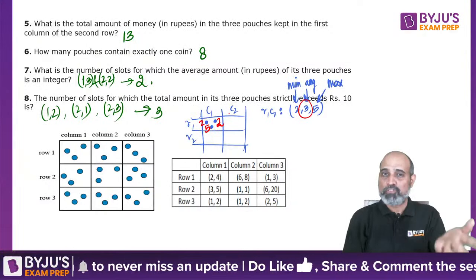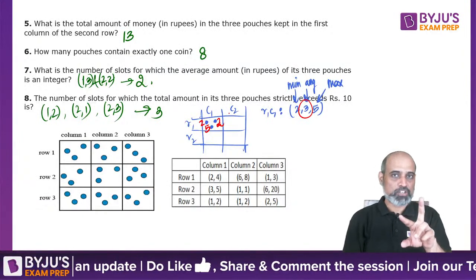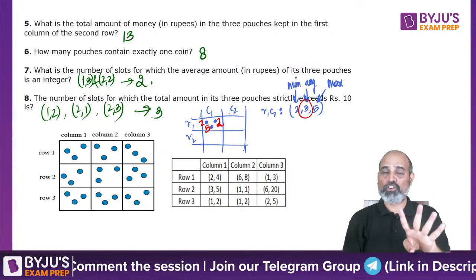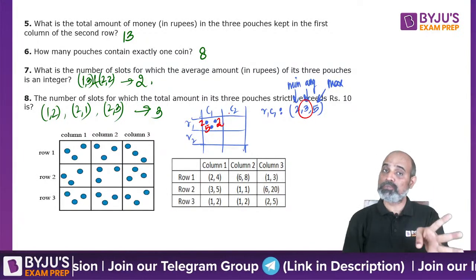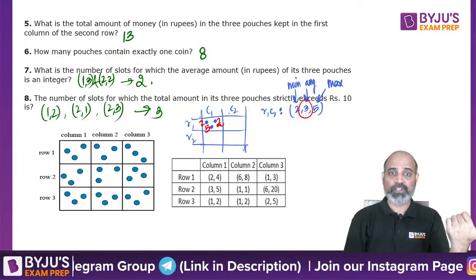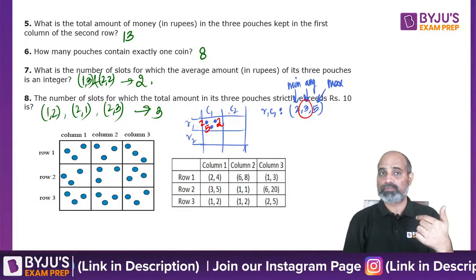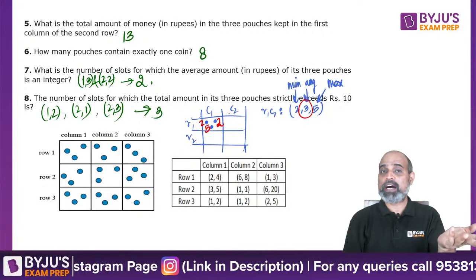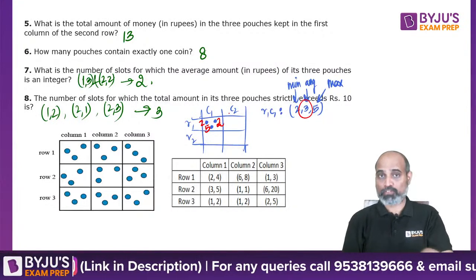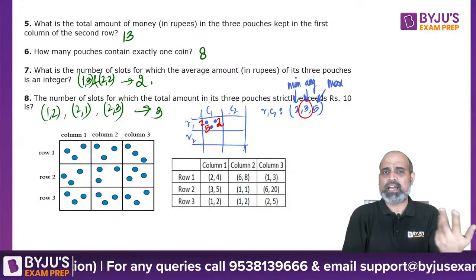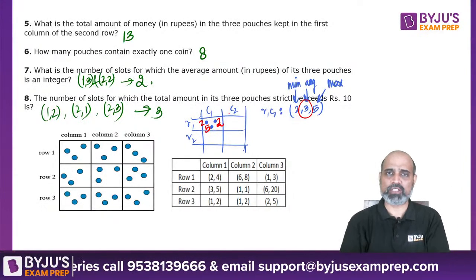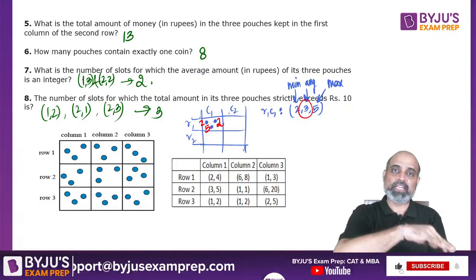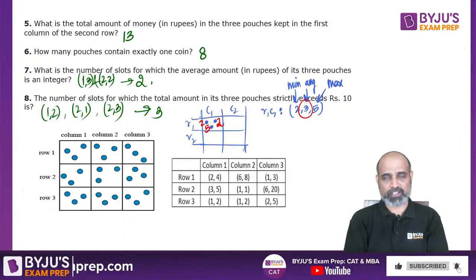But if there had been 4 values in every cell, then you will have cases. So for 4 values, we need the average to be 3. That means the sum should be 12. Out of 12, you can see 7. You need another 5. 5 you can get by 2, 3 so far. Or you may also sometimes get it by 1, 4, if the minimum were 1. So, this is how you solve questions related to minima, maxima, and if the average is given.